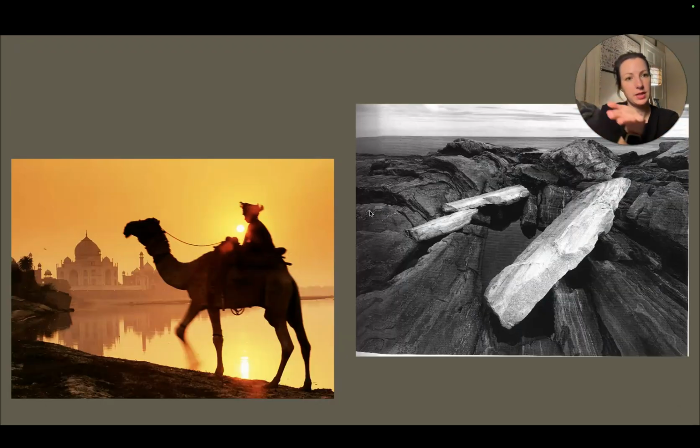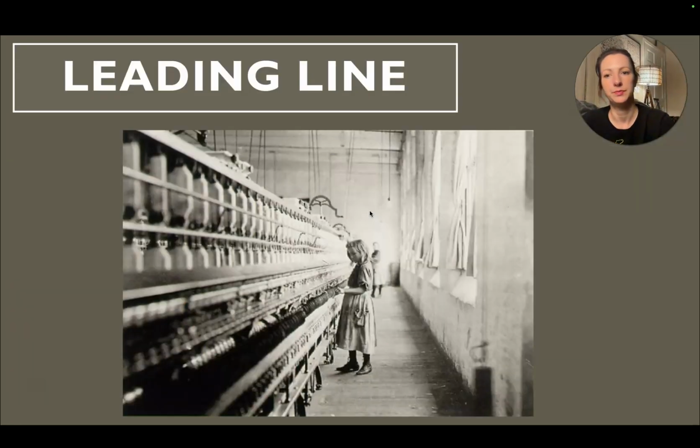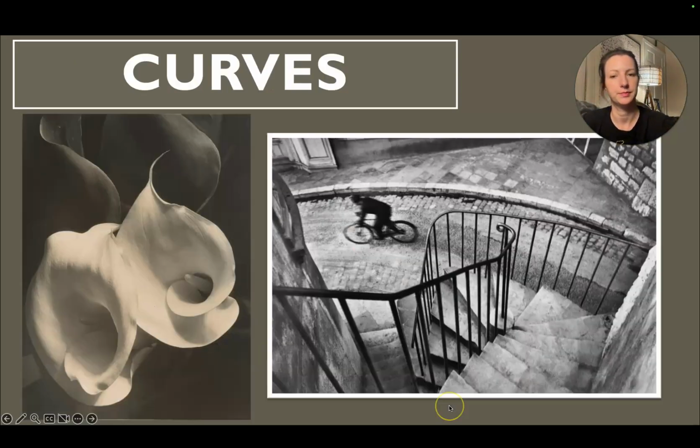So again, having that diagonal in the front where the camel's walking, the one on the right, that big block rock that's lighter in value is creating that nice dynamic diagonal. And then this famous image, this is what started the child labor movement, that diagonal that's coming in pointing at that girl working at that machine.